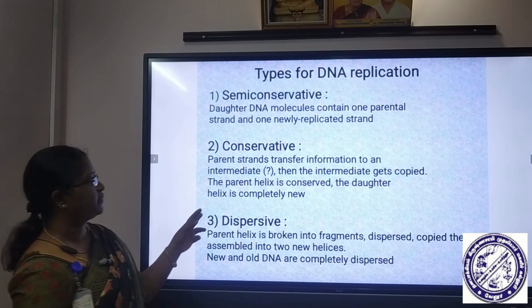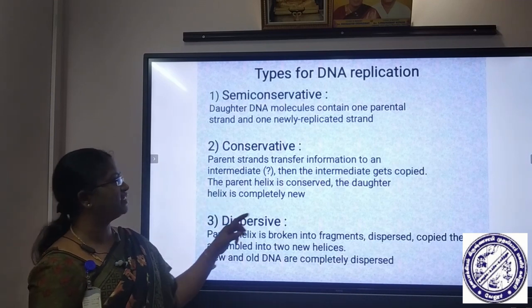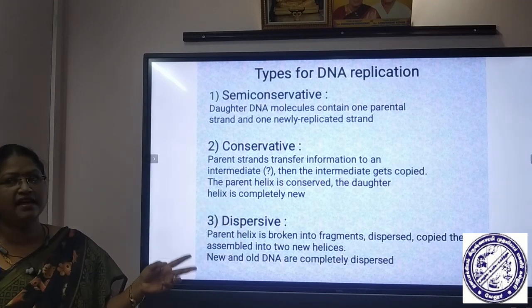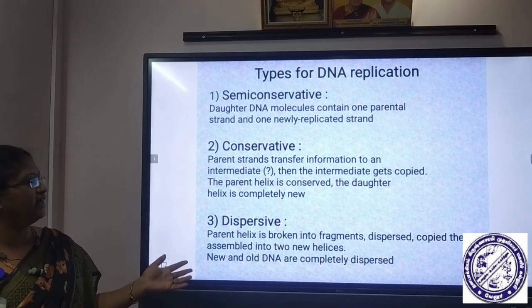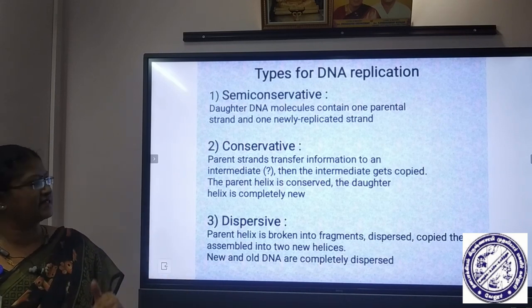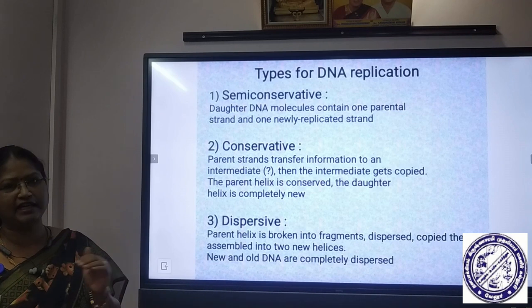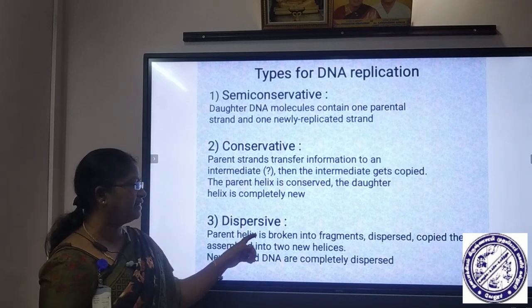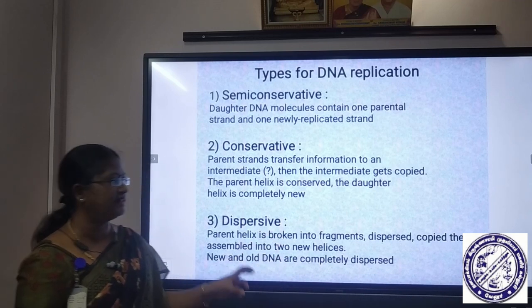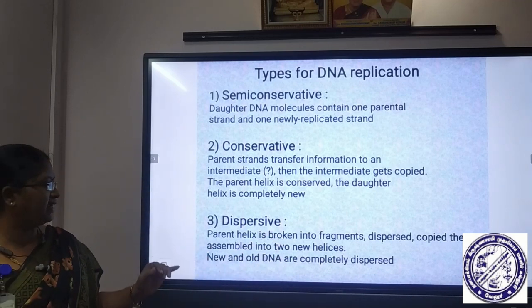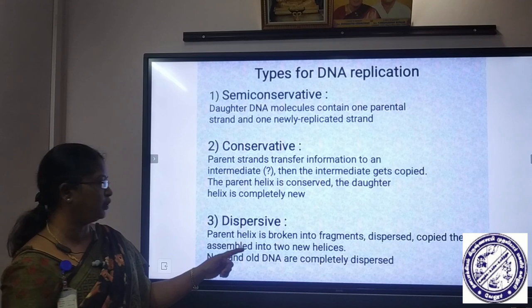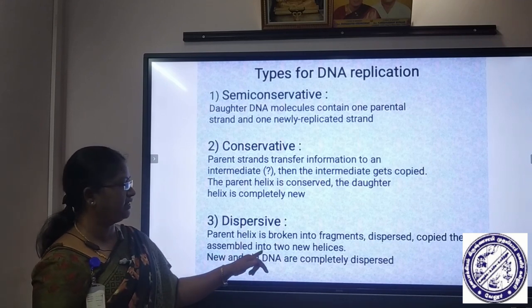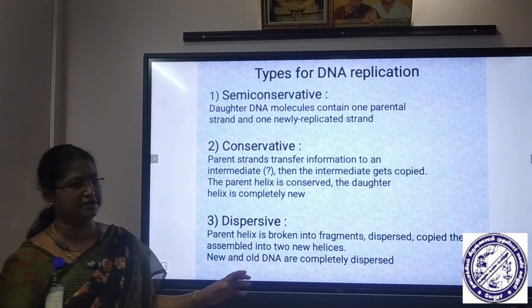Whereas in conservative replication, the parent strand transfers the information into an intermediate, then the intermediate gets copied, the parent helix is conserved, and the daughter helix is completely new. Whereas in the dispersive method, the parent helix is broken into fragments, dispersed, copied, then assembled into two new helices. New and old DNA are completely dispersed.